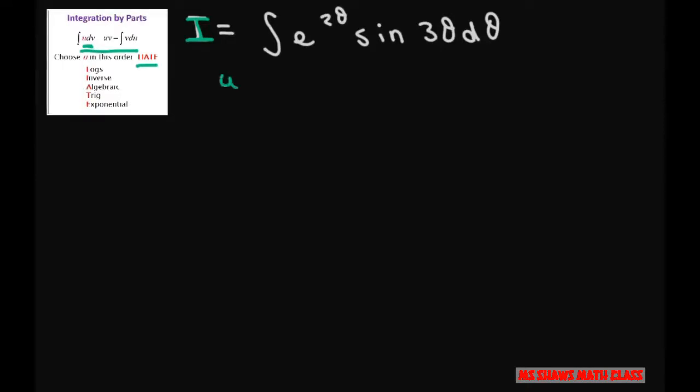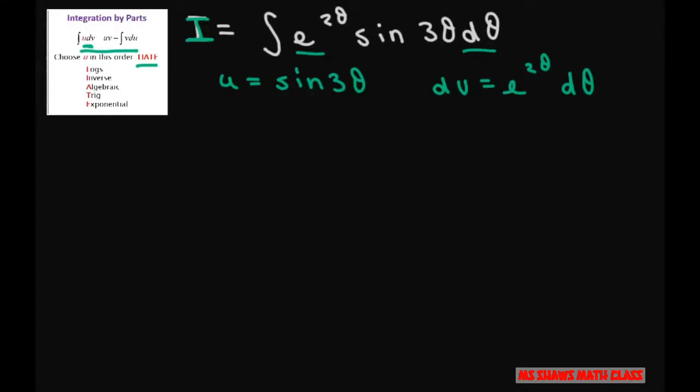So I'm going to let u equal my trig function, which is sine of 3 theta. And then my dv I'm going to let be everything else, so that's e to the 2 theta d theta.